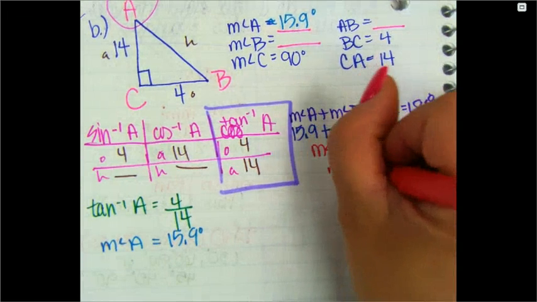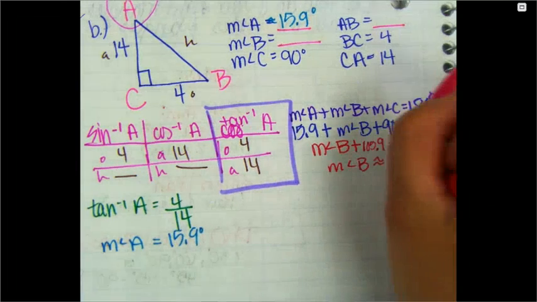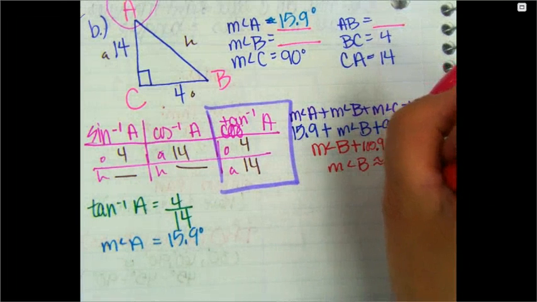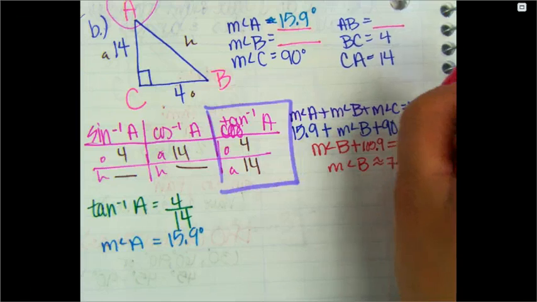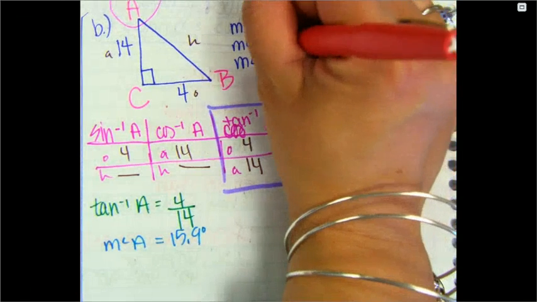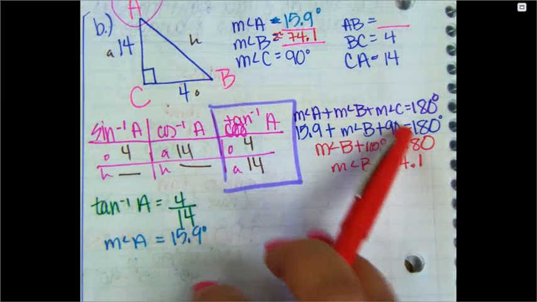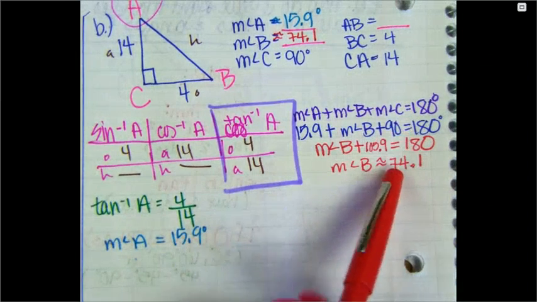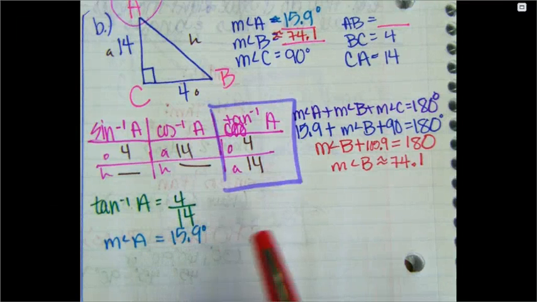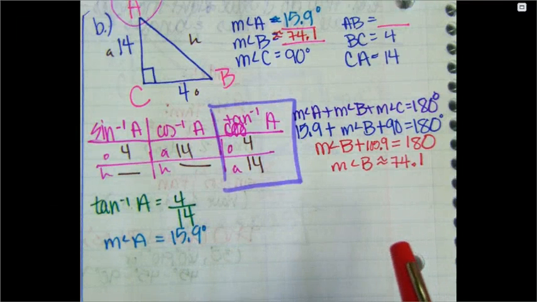Subtract. What does measure of angle B give me? 74.1. Good. Is that still an approximation? Yeah. Even though we didn't round here, where did I round before? On the other one. Got it?